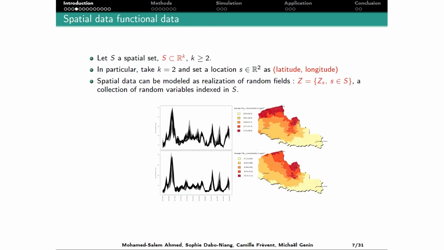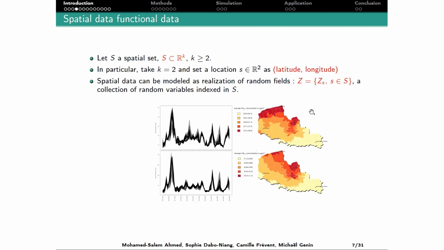Okay. So the other point of view of the kind of data we are dealing with is the functional. So spatial data and functional data is what I'm after here. Let's say that S is the set where I observe some variable.